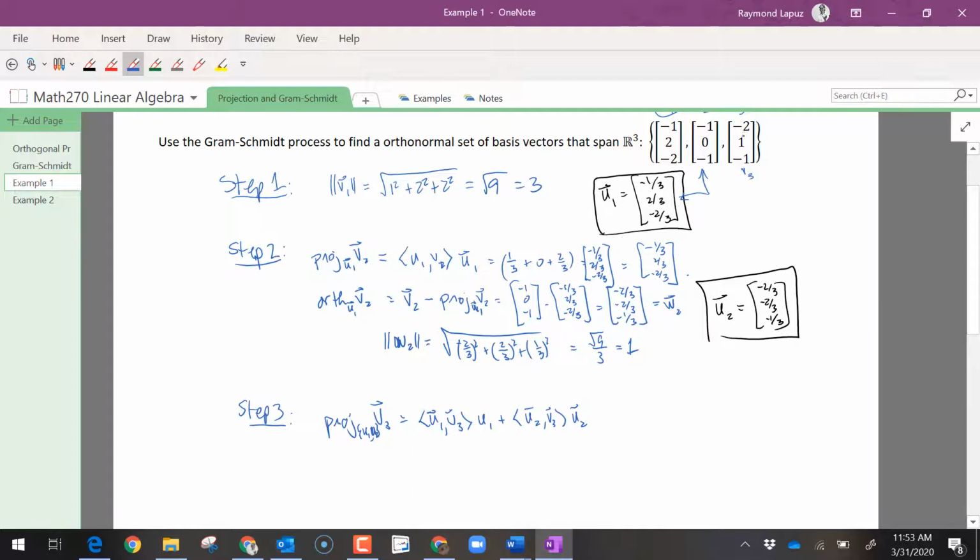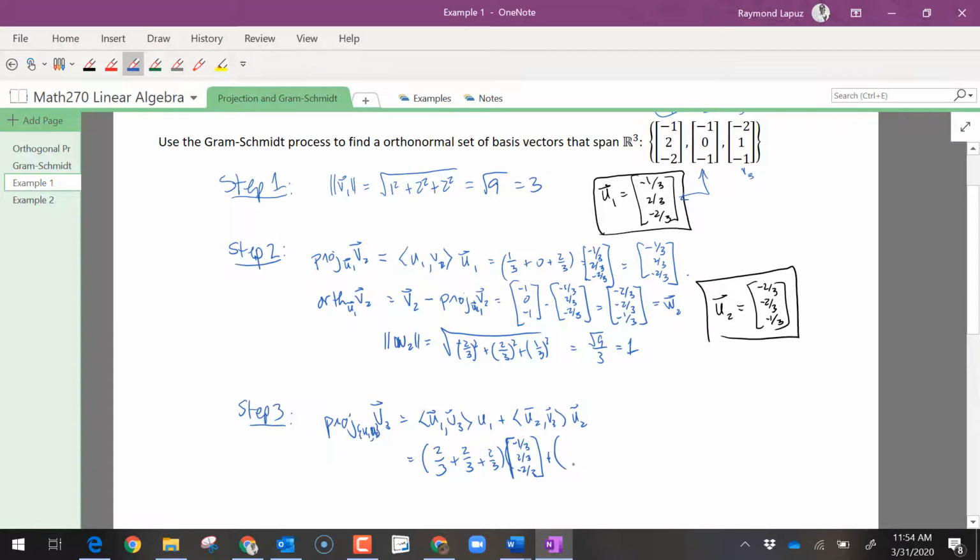So the inner product will give us positive 2/3 plus 2/3, and this becomes another plus 2/3. And we're going to multiply that with u1, negative 1/3, 2/3, negative 2/3.